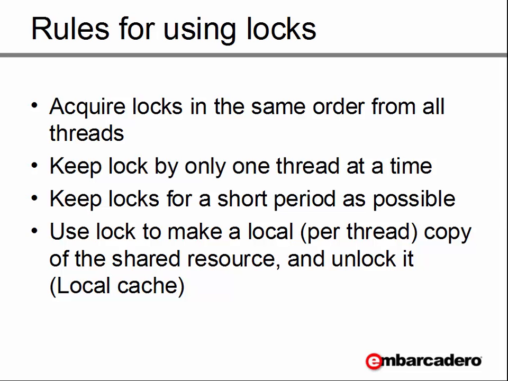The next rule is to keep locks for as short a period as possible. And finally, in order to actually achieve the previous rule, to use the data for long periods of time, we should first lock the data, make a local copy as quickly as possible, release the data, and then slowly use our local copy, in essence implementing a local cache.